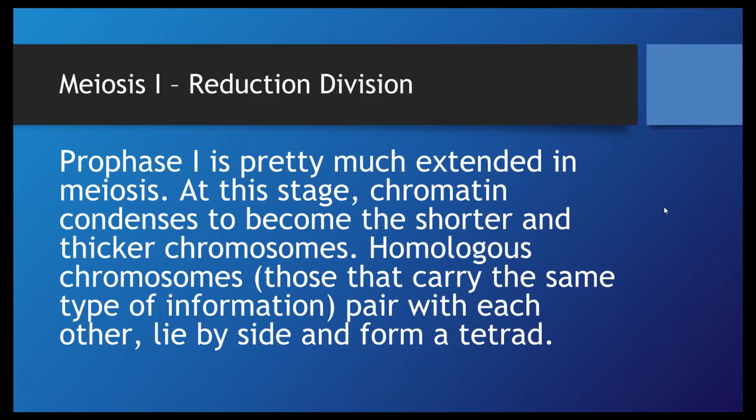Homologous chromosomes, those that carry the same type of information, pair with each other and lie side by side to form a tetrad. Because of prophase 1, we actually share different traits from our parents. We acquire those traits because of this tetrad, because of the homologous chromosomes.